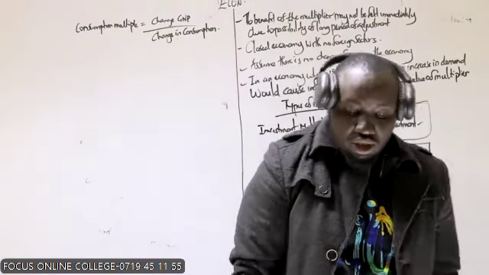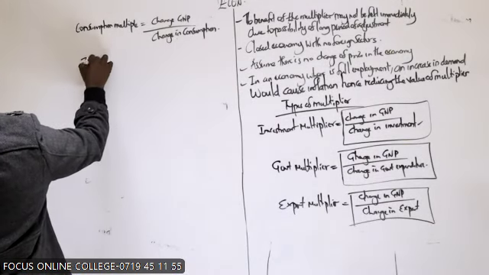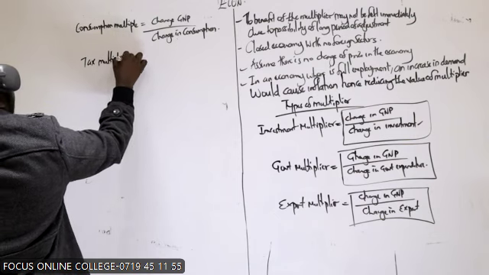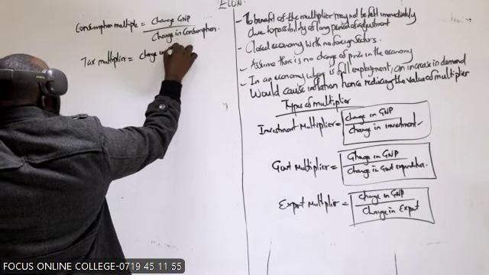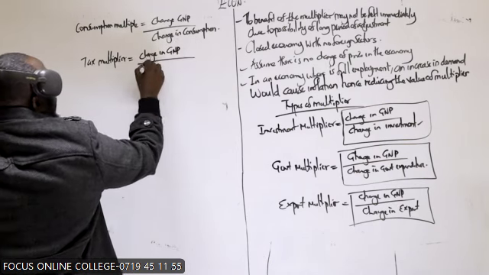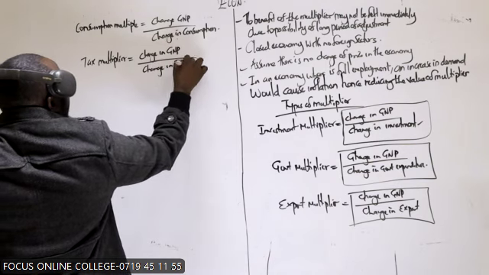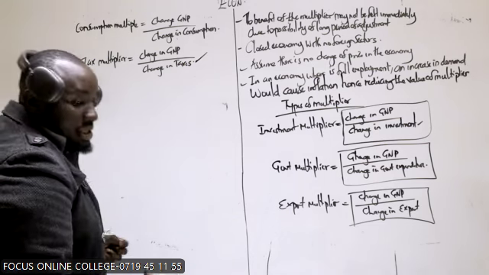Then you can talk about the tax multiplier. You can be asked on the tax multiplier, which is change in GNP over change in taxes.